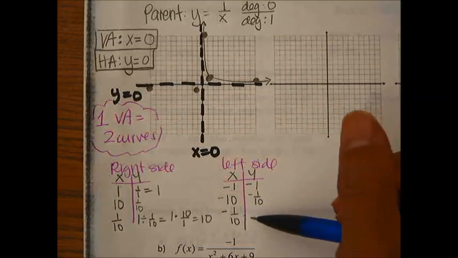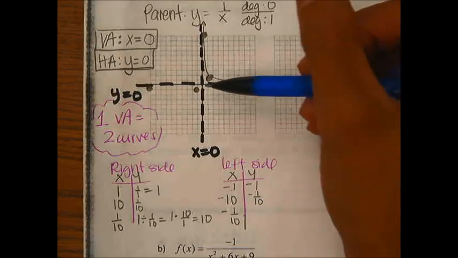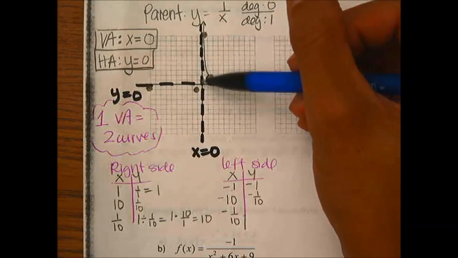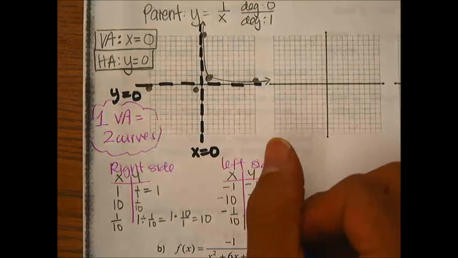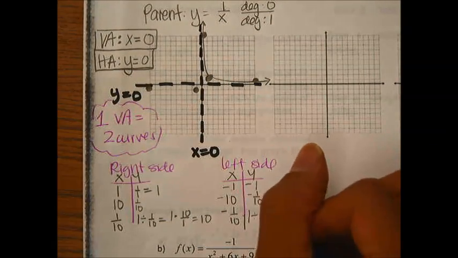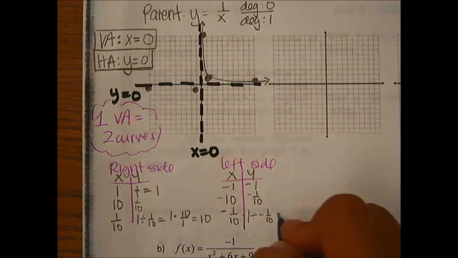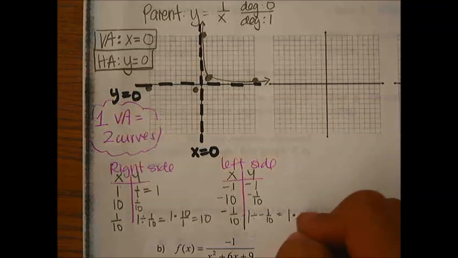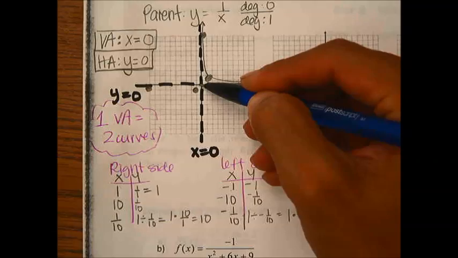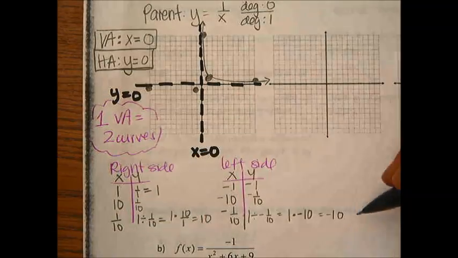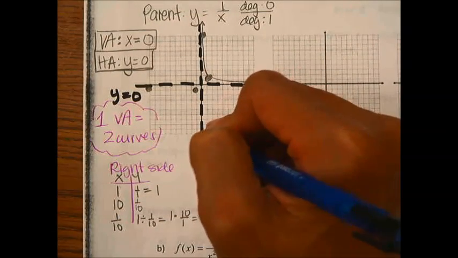Then I have a very small input value, so small that it's very close to this asymptote. When I divide 1 by negative 1 over 10, I multiply by its reciprocal, which is negative 10. So when x is negative 1/10, y is negative 10, which is all the way down here.